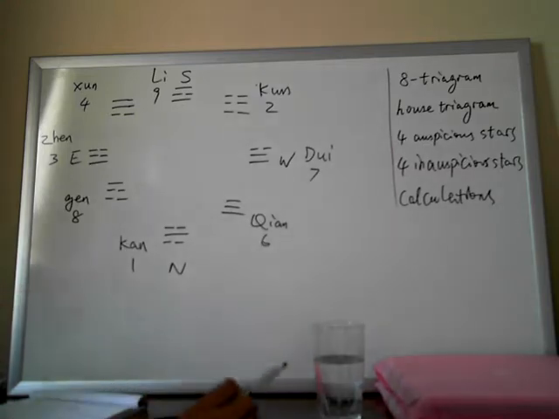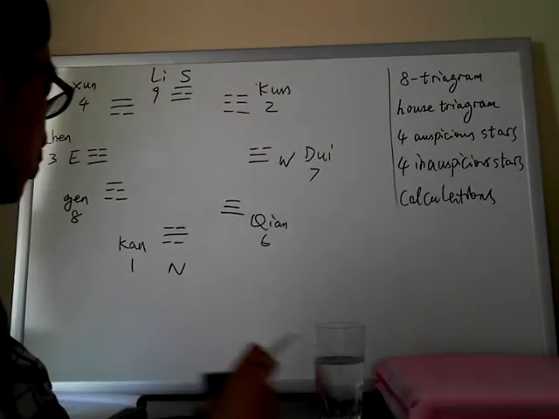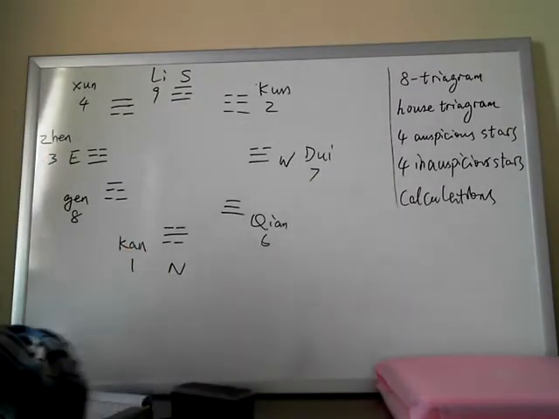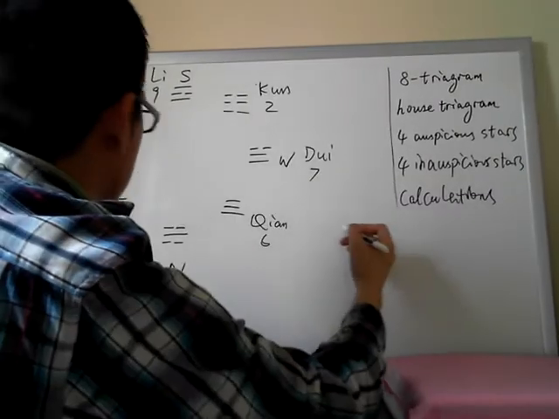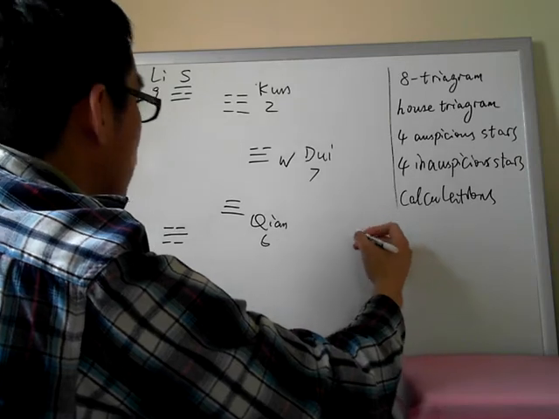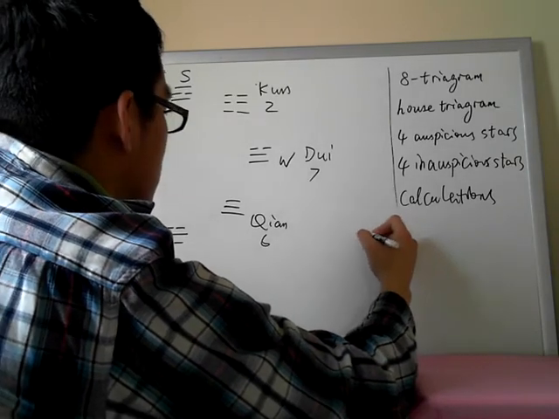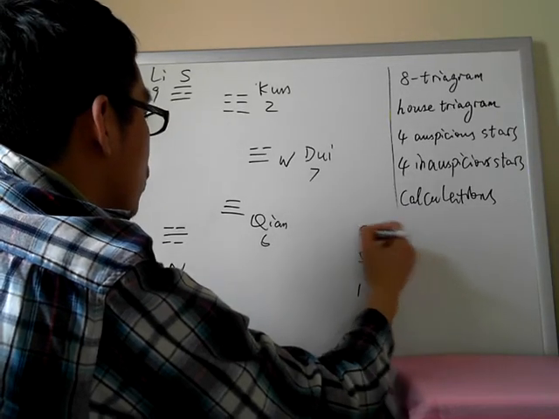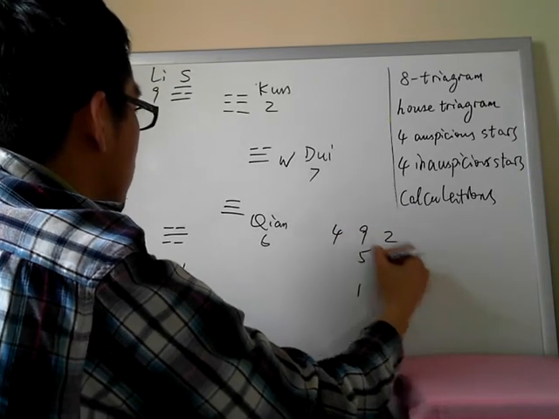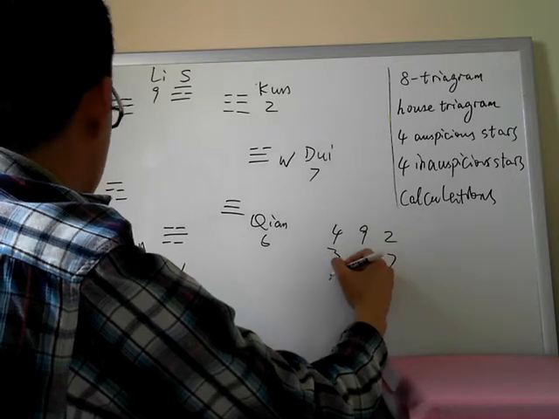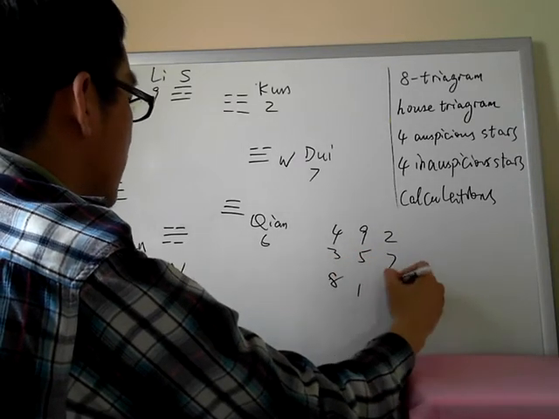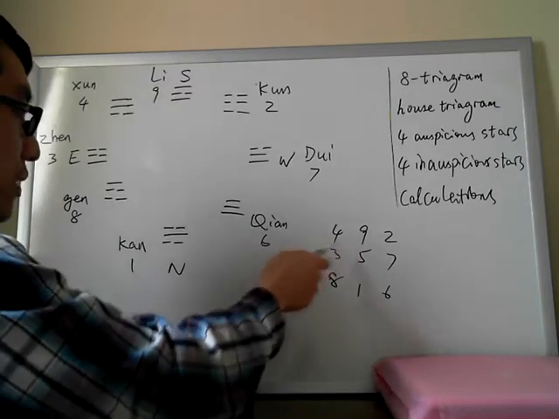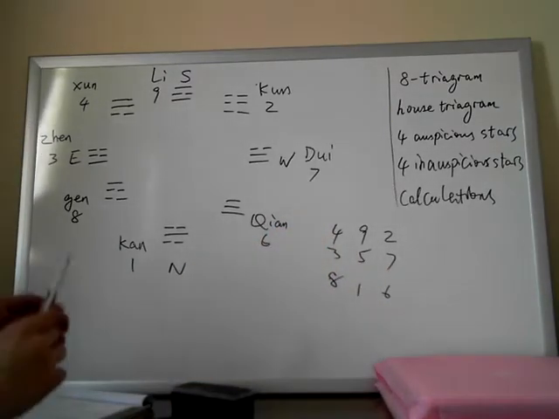So the number is from the Luo Shu, which is an old Chinese script, and some of you might be familiar with it because the numbers are, you see, 4, 9, 2, 3, 5, 7, 8, 1, 6. You see, each row and each column add up to 15.